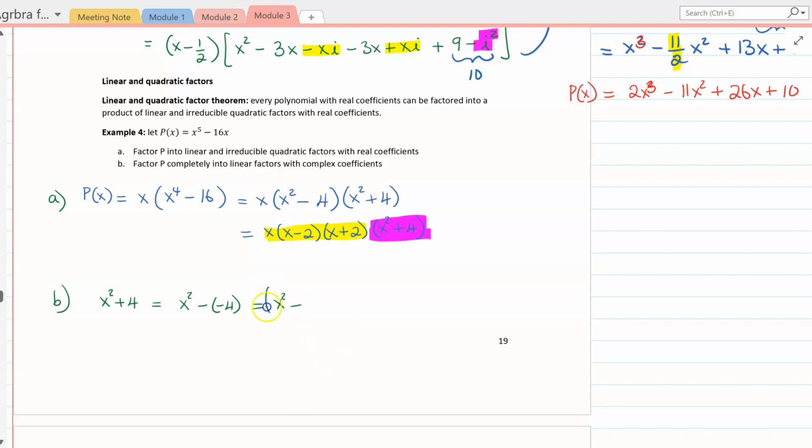I can write this as x minus 2i times x plus 2i. Okay, so then the polynomial with complex factors becomes x times x minus 2 times x plus 2 times x minus 2i times x plus 2i.